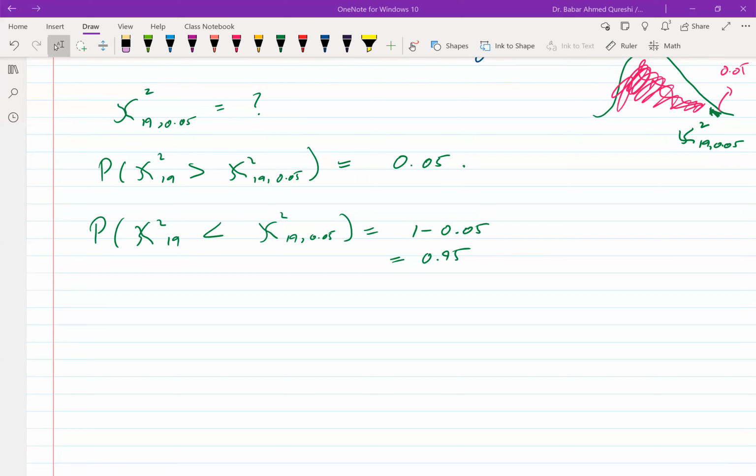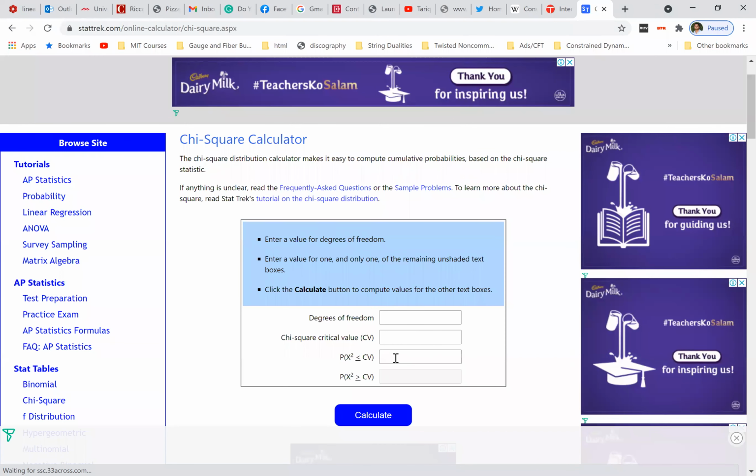So let me change the screen. So degrees of freedom, we have 19. Why we have 19? Because we chose 20 bags.